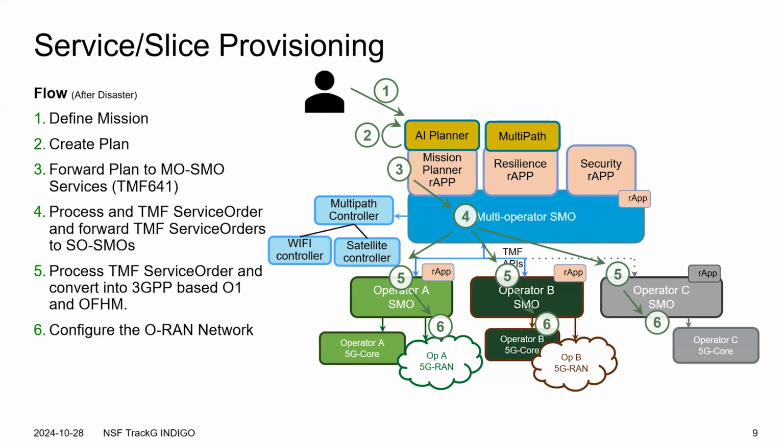So it needs to be converted into 3GPP APIs and O1 and Open Fronthaul APIs from the O-RAN Alliance. And at the very end, the network is configured. So this flow is basically what we are going to demonstrate. Next slide, please.